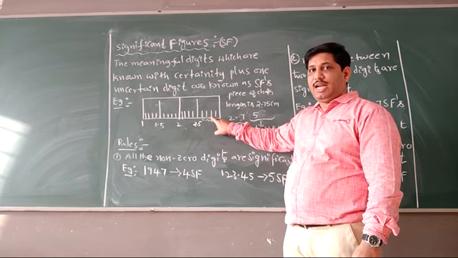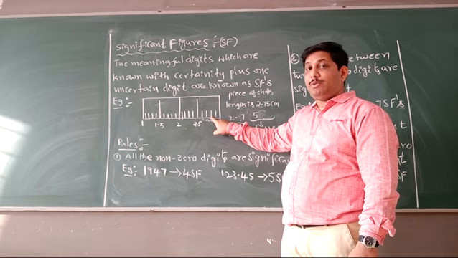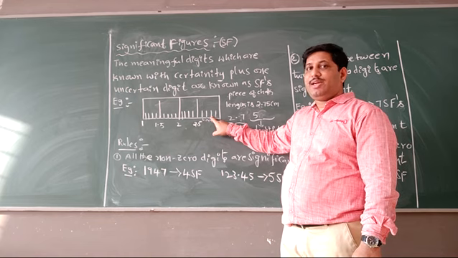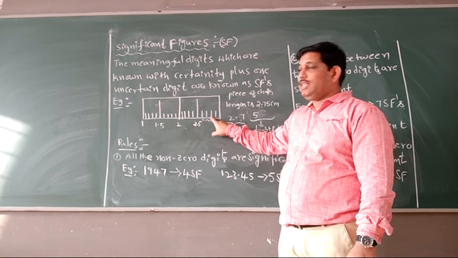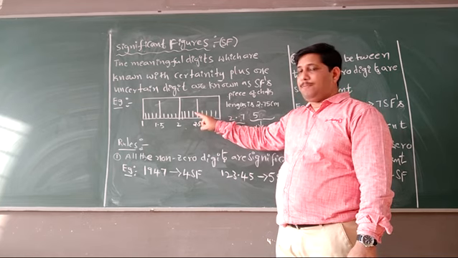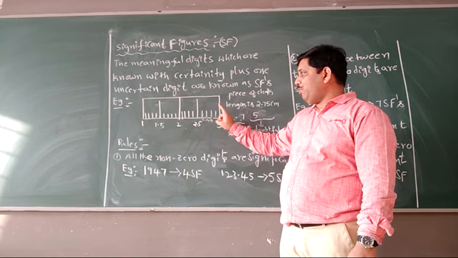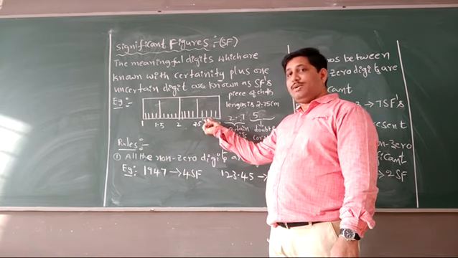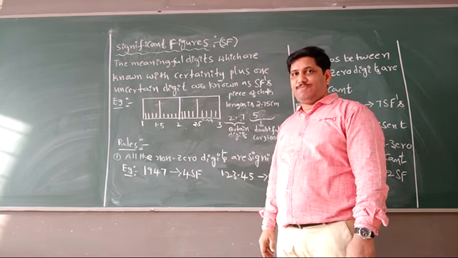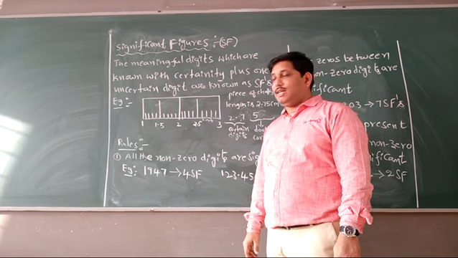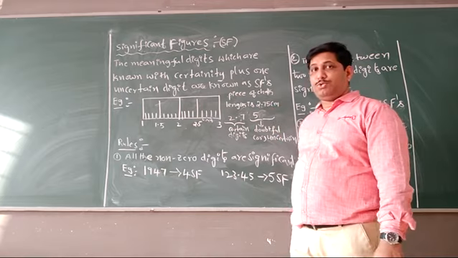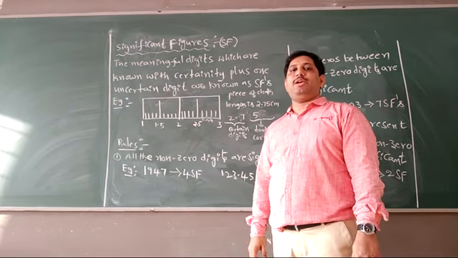But exactly where 2.75 is, is not possible by using this calibrated scale, because here they mention 2.5, 2.6, 2.7, 2.8, 2.9 and 3.0. In between 2.7 and 2.8 they are not mentioned. Hence, it is clear that the piece of chalk length is 2.75 centimeters.